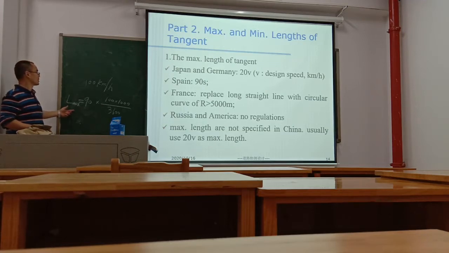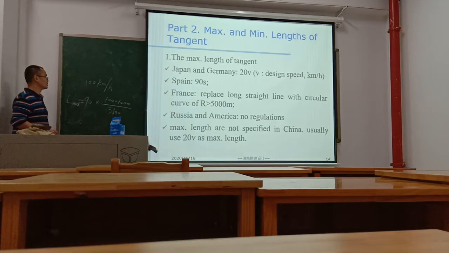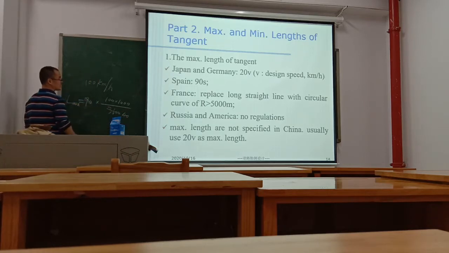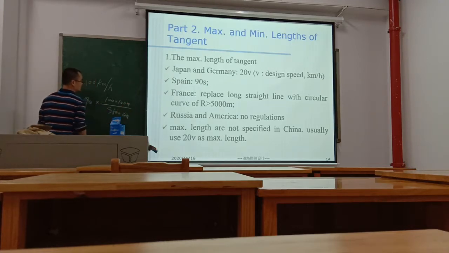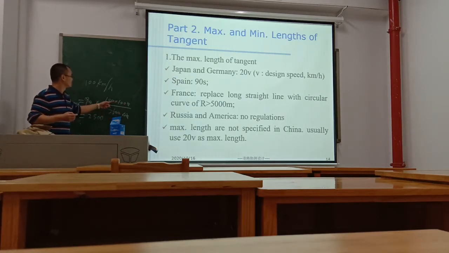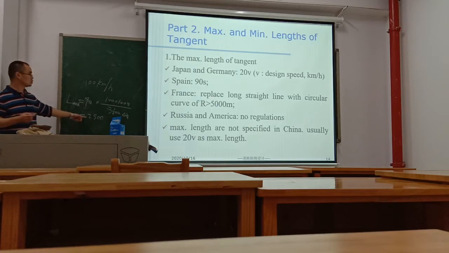Maximum length of tangent. We can get the length or distance. 10,000 divided by 4 is 2,500 meters.